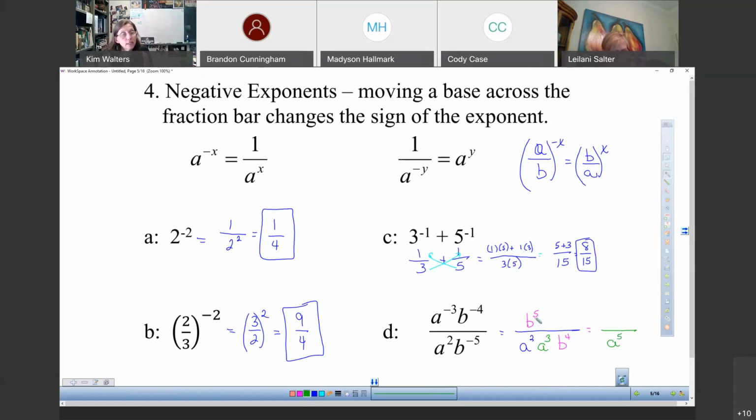I have a b to the fifth in the numerator and b to the fourth in the denominator. And I'm going to divide these by subtracting my exponents. And this is going to give me a b to the first power in the numerator. Now, one thing I do want you to notice is that I didn't put a first power on here. My exponent of 1 is an understood one. Okay?